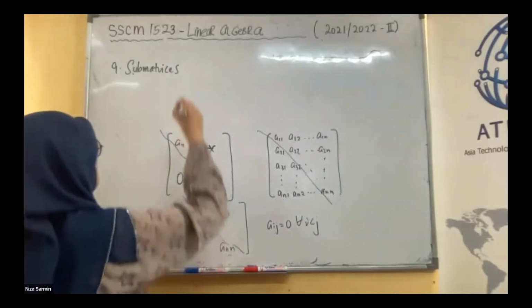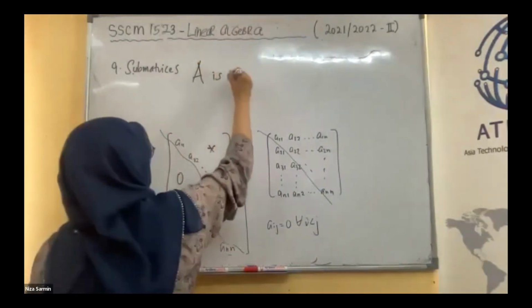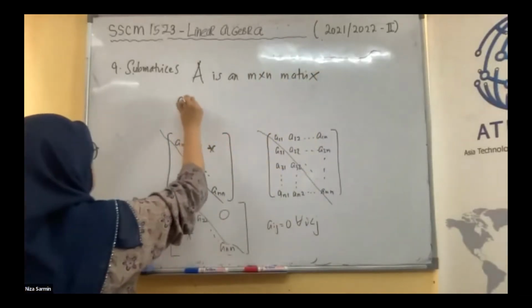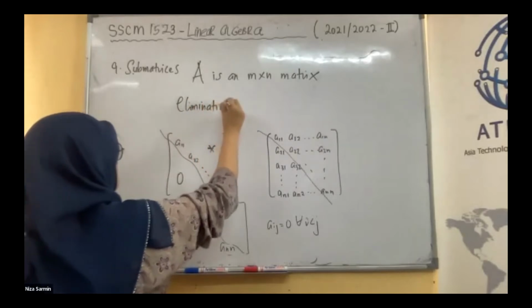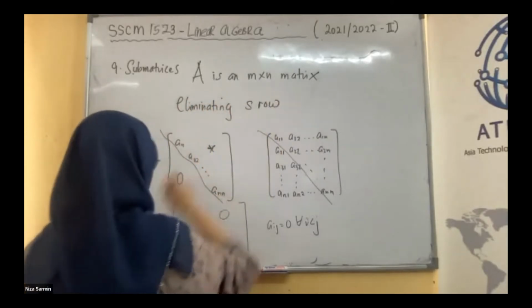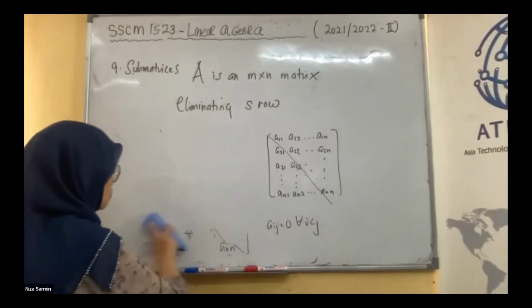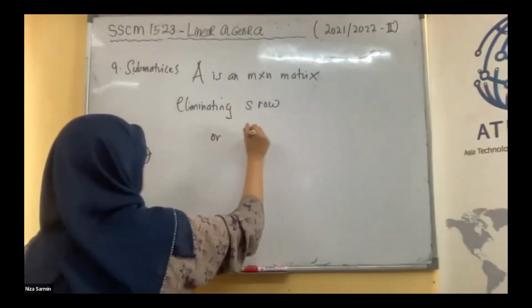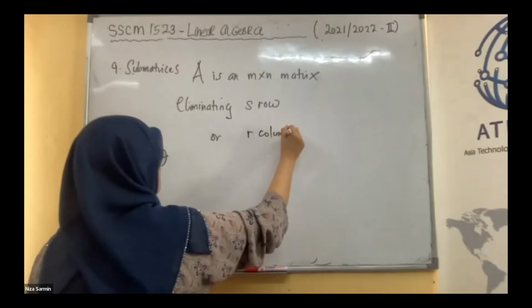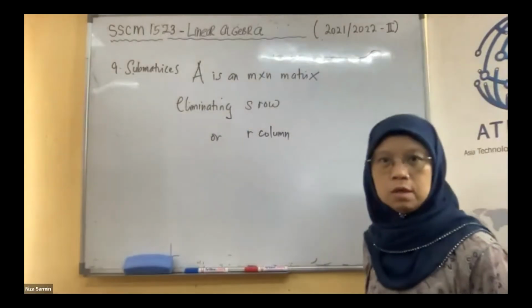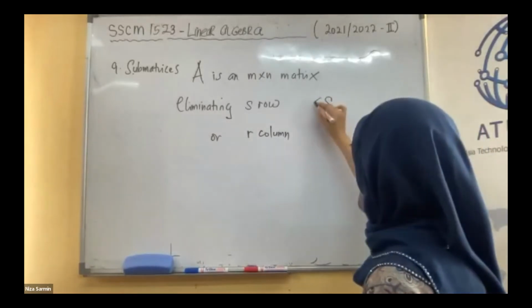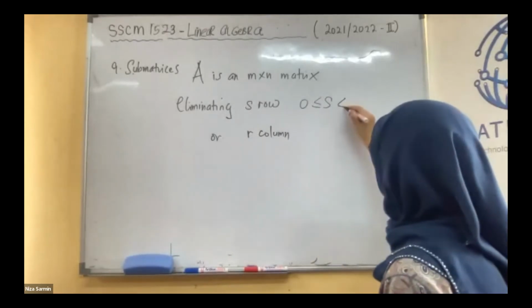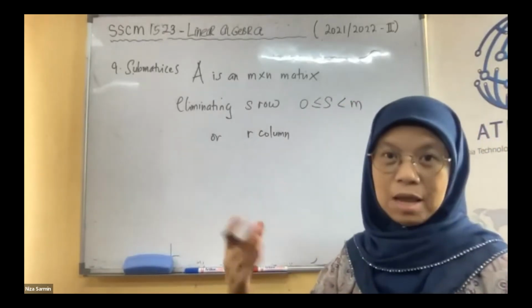So if you have a matrix A, eliminating s rows or r columns. And we have m rows, so s can be, don't eliminate any row, or eliminate m-1 rows.